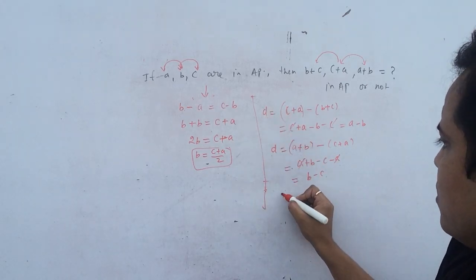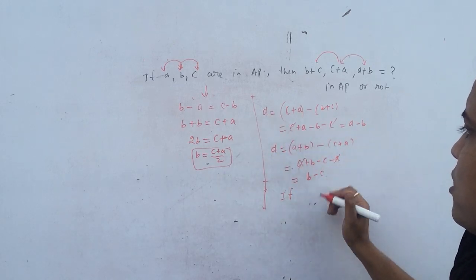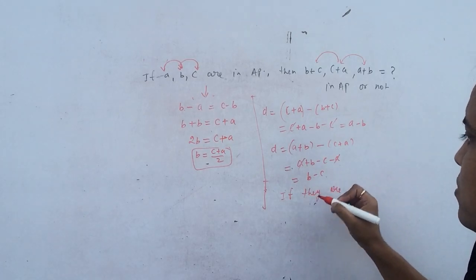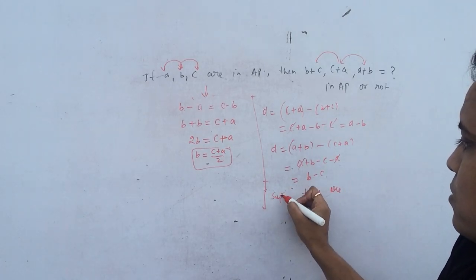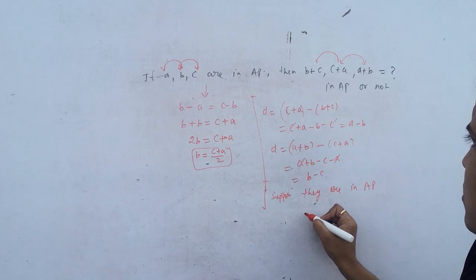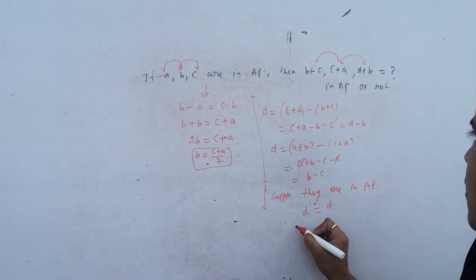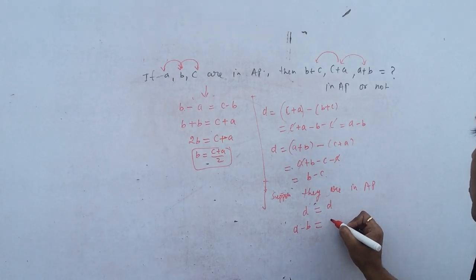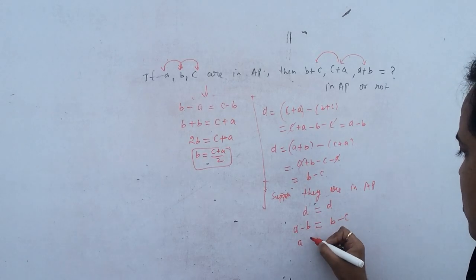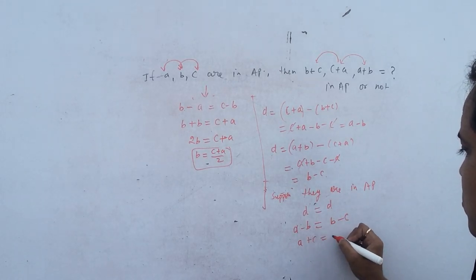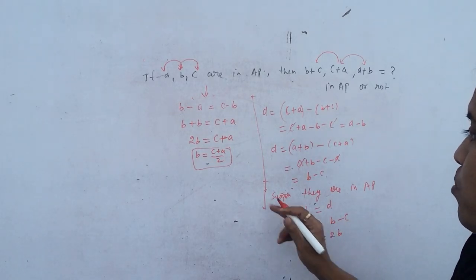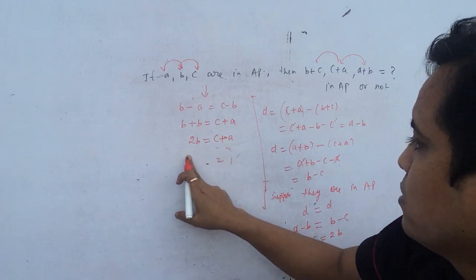Suppose they are in AP, then both D will be equal, like D equal to D means A minus B would be equal to B minus C in this case. So A plus C equal to 2B, and here you have A plus C, you can use here.